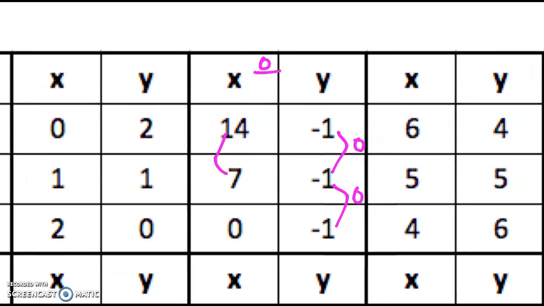To go from 14 to 7, I subtract 7. To go from 7 to 0, I subtract 7. So my change in x is -7 because I'm subtracting 7, right? So 0 divided by any number is going to be 0. So this has a slope of 0.